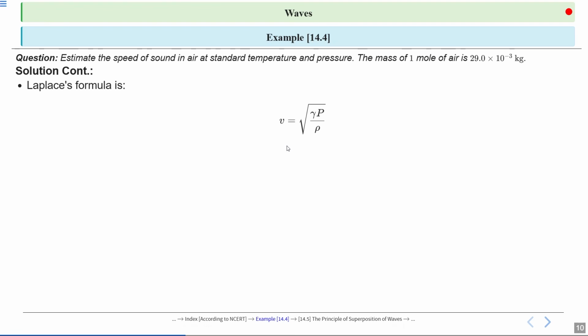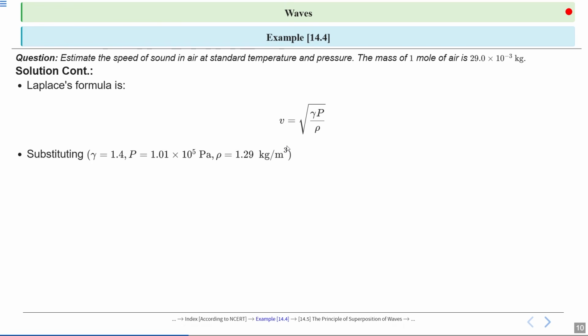Now, Laplace formula is V equal to under root gamma P divided by rho. So let's substitute the values for air at standard conditions. Gamma is 1.4 for air. Pressure P is 1.01 into 10 raised to the power 5 Pascal.